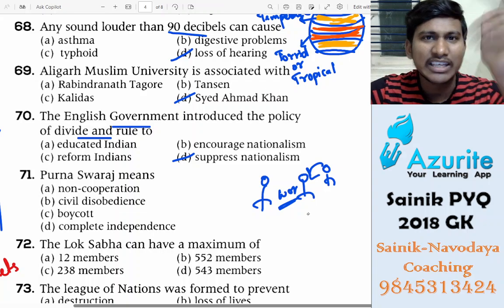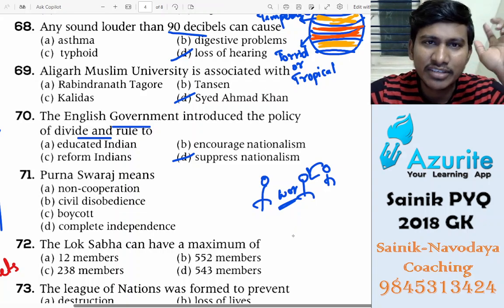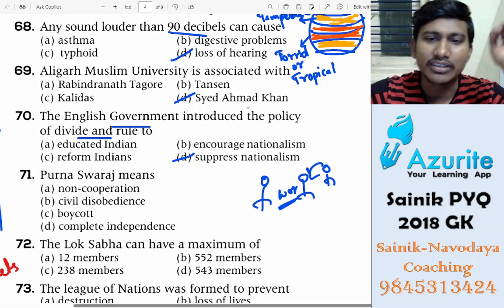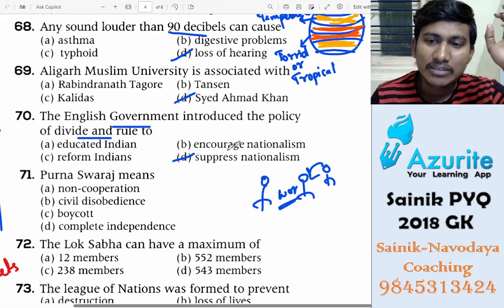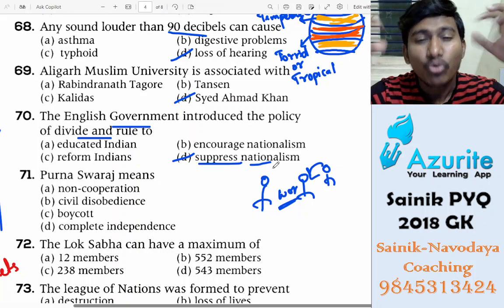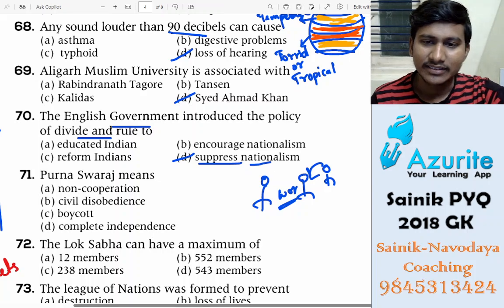When they will win, they used to control him, like that. They used to divide in between, right? So that is to suppress the nationalism, right? So that is how they got so much of the hold on India, right?